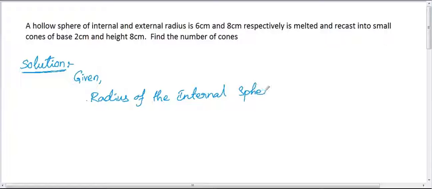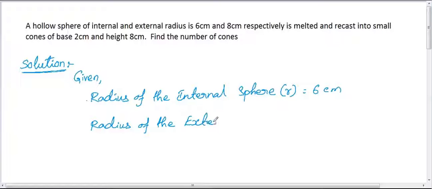So let's say small r is the radius of the internal sphere, which is 6 centimeter, and capital R is the radius of the external sphere, which is 8 centimeter.